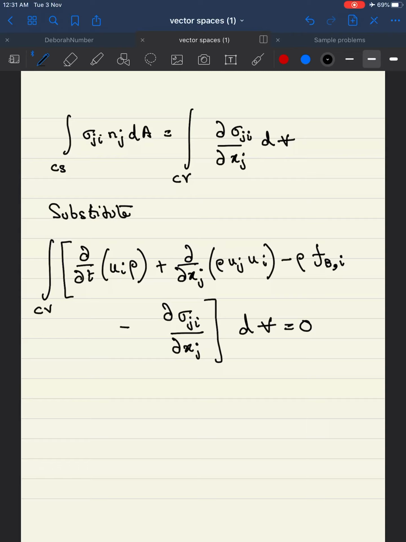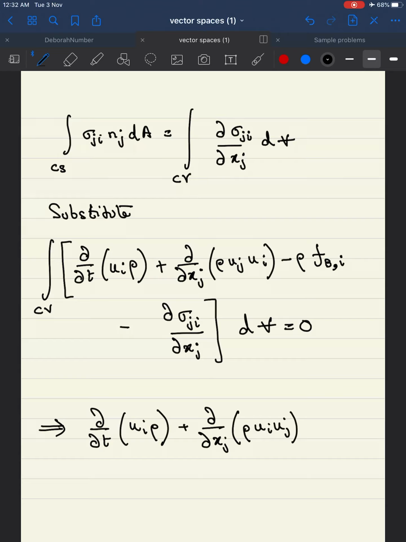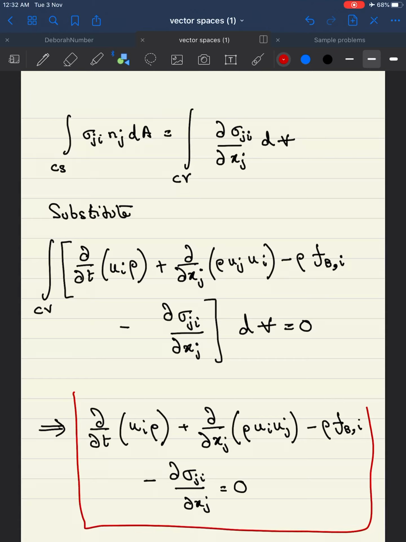So this implies that del t of ui rho plus del xj of rho ui uj minus rho fb comma i minus del sigma ji by del xj equal to 0. Okay, this now is my important equation.